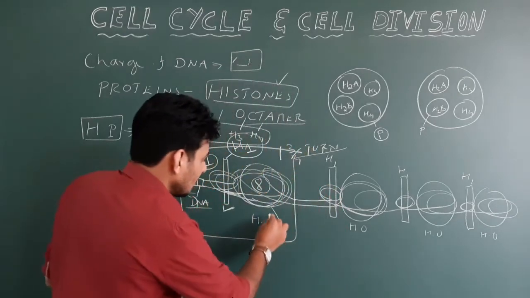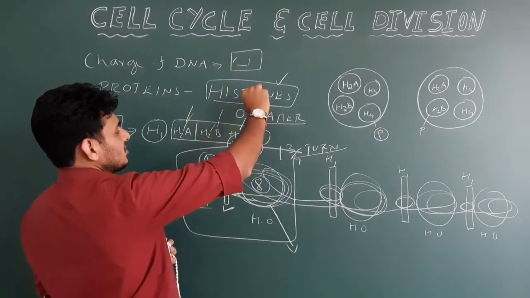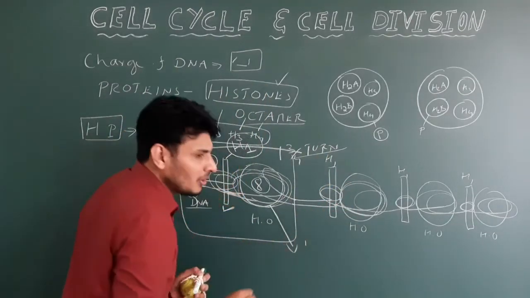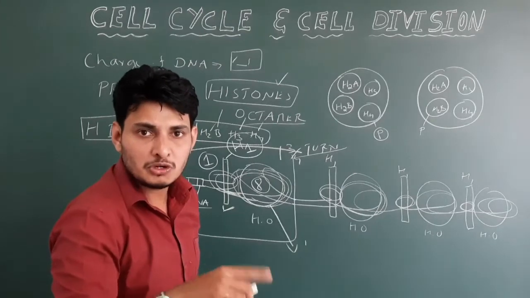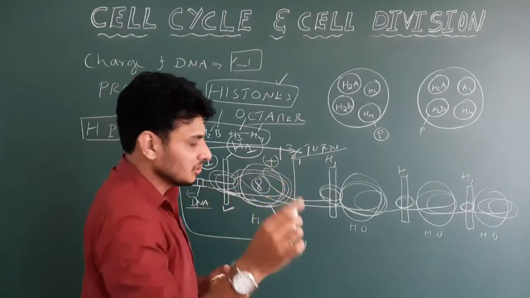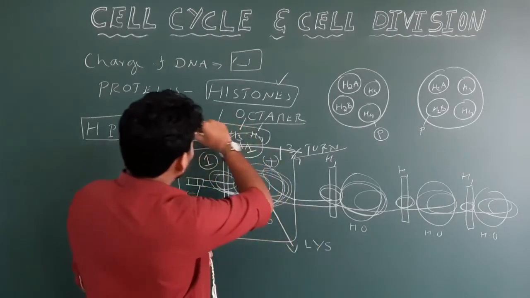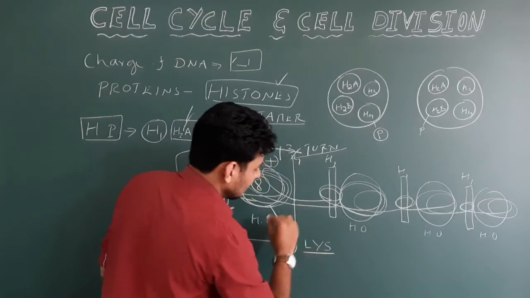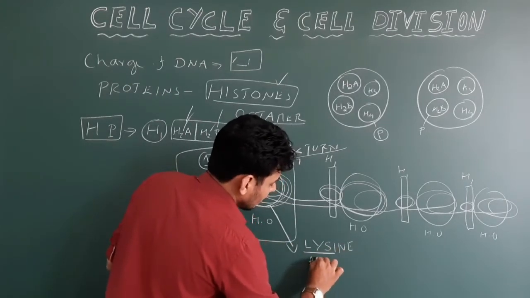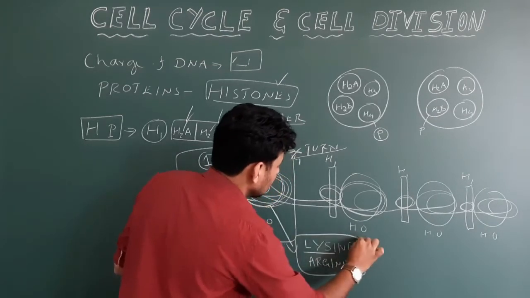So for the histone octamer, H2A, H2B, H3, H4, it doesn't matter, all of these mainly contain two important amino acids which give them a positive charge. So the histone octamer is positively charged, but DNA is negatively charged. Why? Because the amino acids present in any type of histones in the histone octamer are lysine and arginine. If you want, write it down: lysine plus arginine gives positive charge to histone.